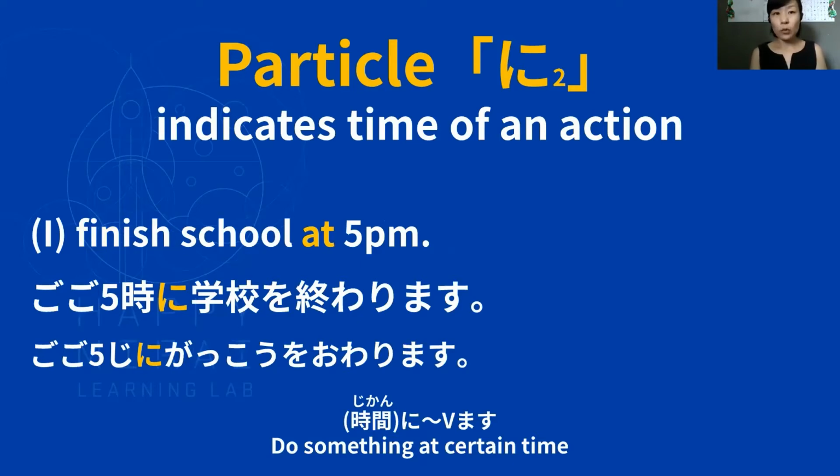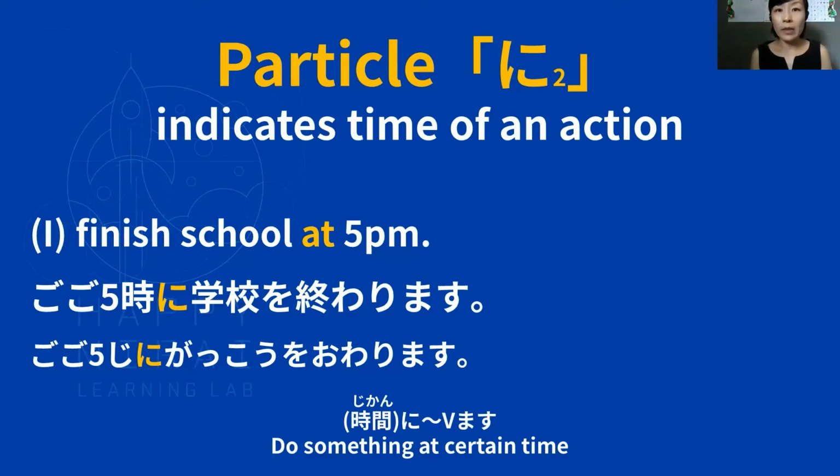So number 2, it indicates time of an action. For example, I finish school at 5 p.m. 午後5時に学校を終わります。午後 means afternoon, and 5時 simply means 5 o'clock. 終わる, 終わります, finish.